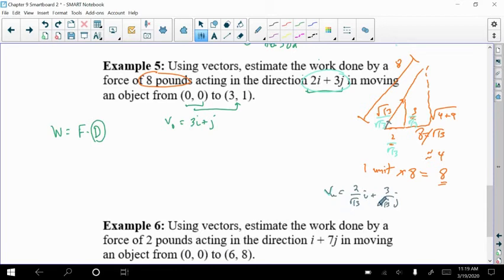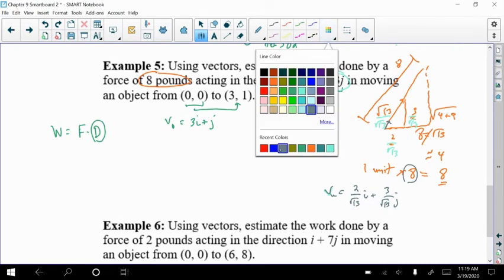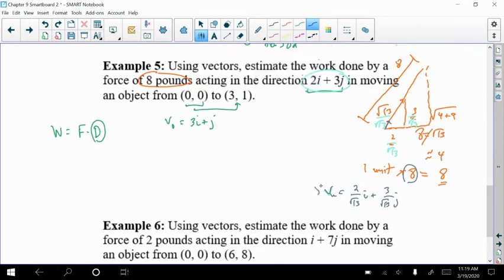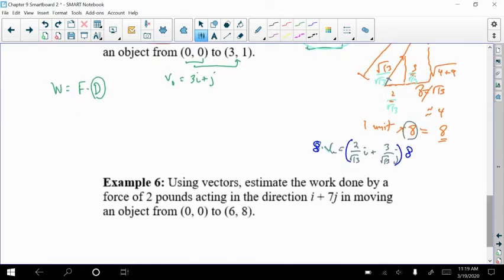Okay, now I can take that vector. Since I want a new magnitude of 8, I simply have to multiply that vector by 8. When you multiply the vector by 8, it's a scale factor. I'm delayed on that color. Scale factor of 8, which means I can just multiply each of the components by 8. So 8 times 2 is 16, 8 times 3 is 24. Still keeps that 3 to 2 ratio with that hypotenuse length of root 13.